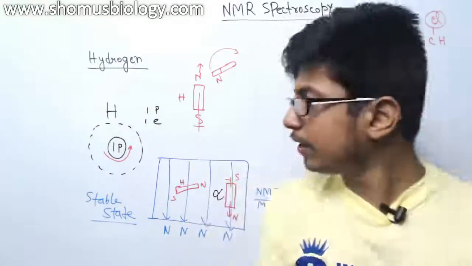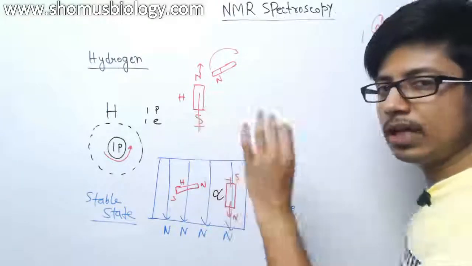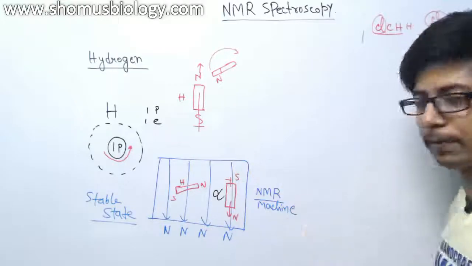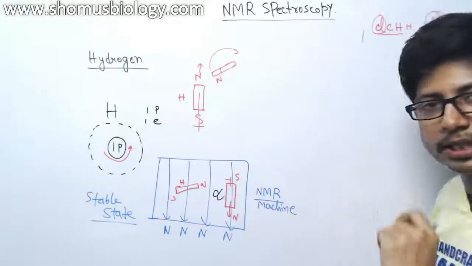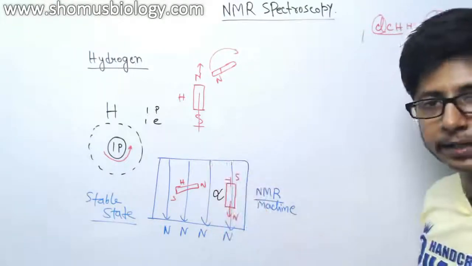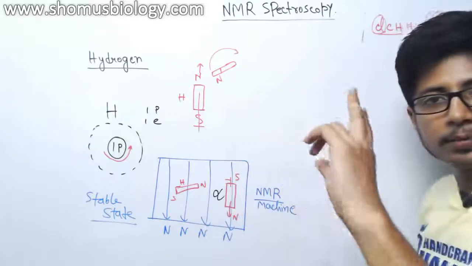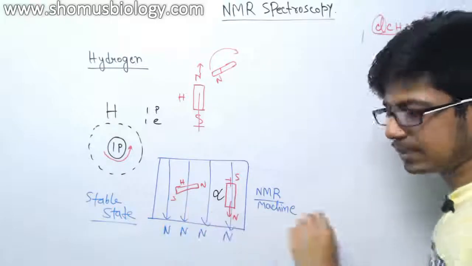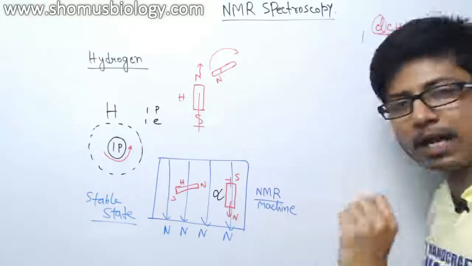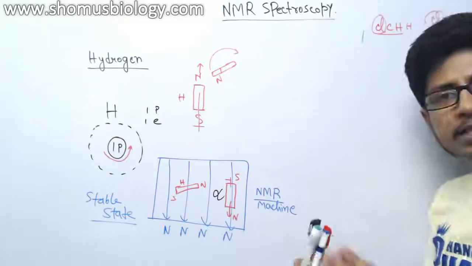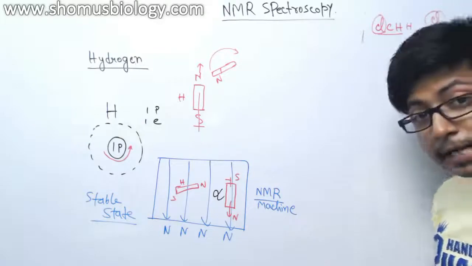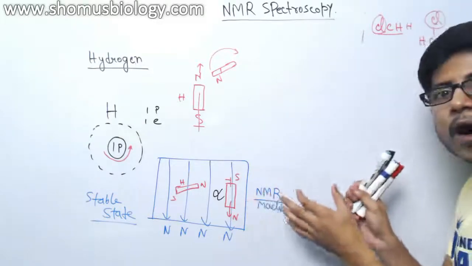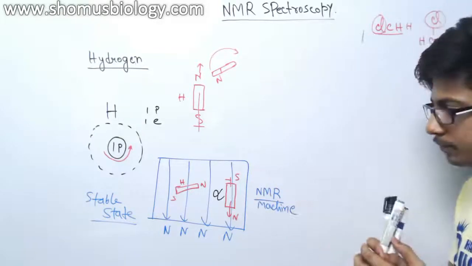Okay, so now the whole idea about the spin. We talked about till now that if you put the magnetic field, this proton, this hydrogen, has a spin. Now they match that, so it's called the alpha spin. So it's easy to get the alpha spin. Now we take it a little further.